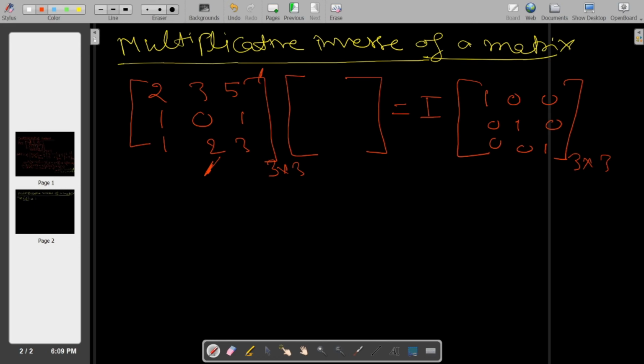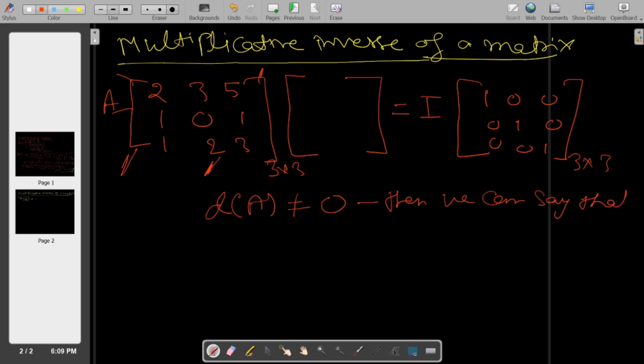For that we have to find the determinant of this matrix, and if the determinant is not 0, then we can find the inverse of the matrix. So the condition is, let's suppose this is A, if we find the determinant of this matrix A, and it is not equal to 0, then we can say that matrix A will have an inverse.